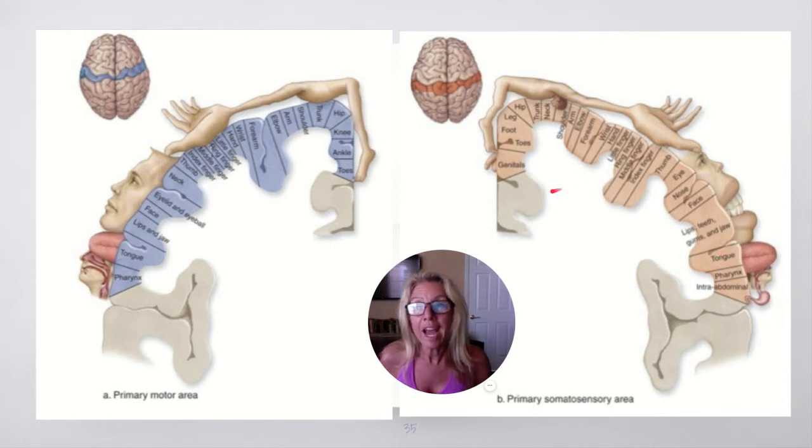Breathing. Okay, and then this is showing you what's dedicated to motor movements of your cerebral cortex. Remember the front of this line would be the motor, and then right behind it is the sensory information. So the cerebrum communicates and coordinates the entire body. It deals with sensation, reasoning, learning, memory, language, speech.